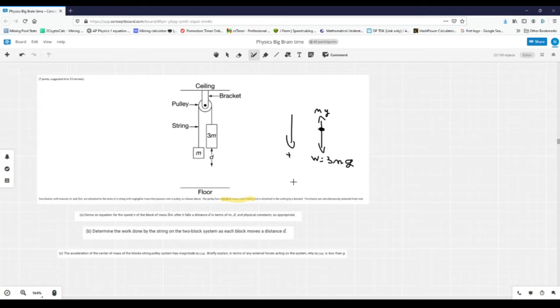Then what would be an expression for our net force? Three mg minus mg. Yep. And that boils down to 2 mg.